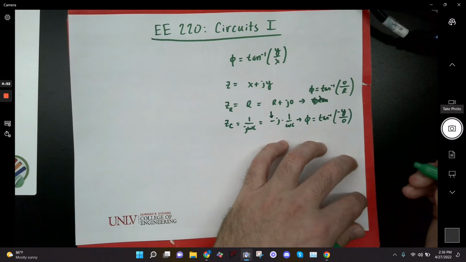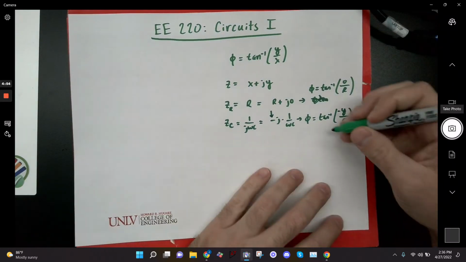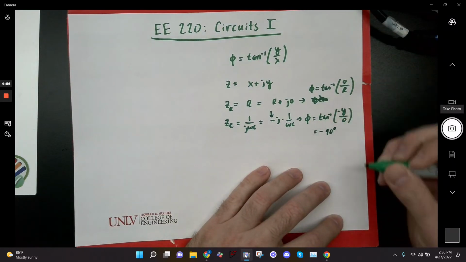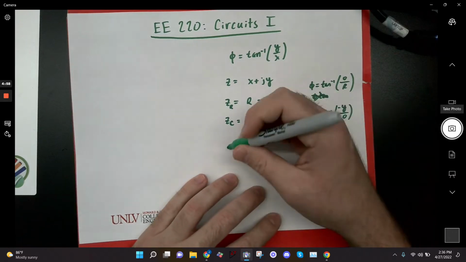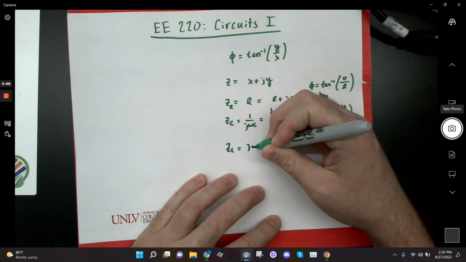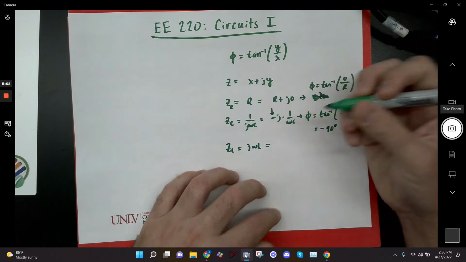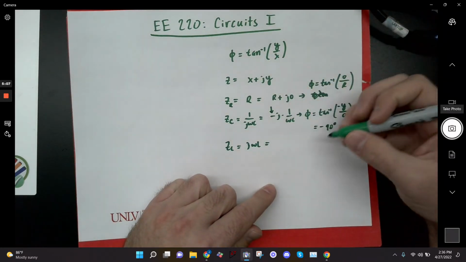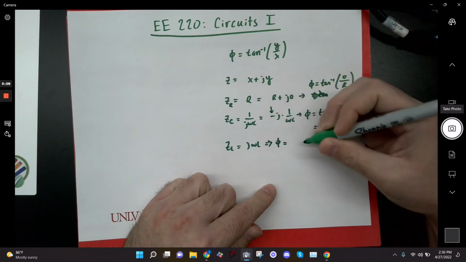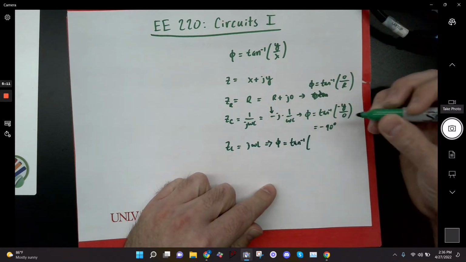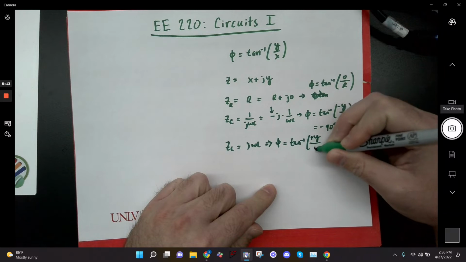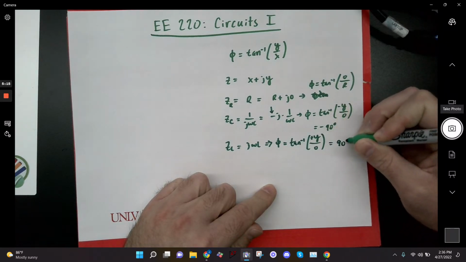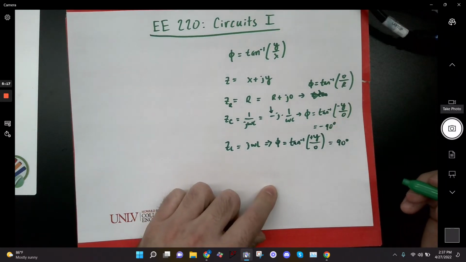So it's tan inverse of negative infinity, which gives me minus 90. And then for the inductor, it's j omega L, which is basically 0 plus j omega L. My x is 0. So phi equals the tan inverse of a positive value over 0, which evaluates to 90 degrees. Okay?